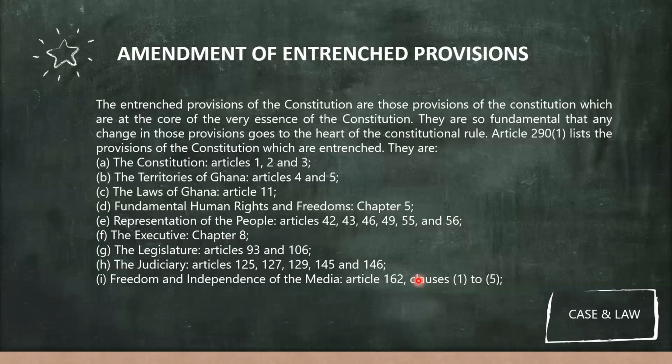Also the territories of Ghana, Article 4 and 5, clearly we cannot allow the territories of Ghana to be amended easily. Also, the laws of Ghana, Article 11, very important.